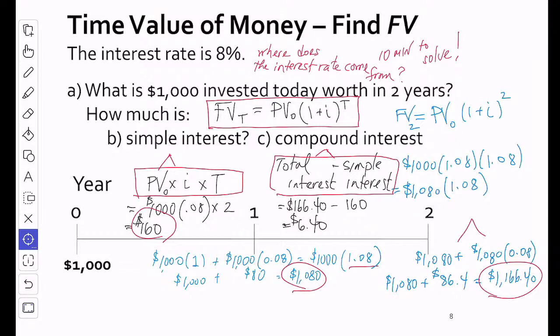I'm going to call this the accumulation factor, right? This is the accumulated amount or the future value.